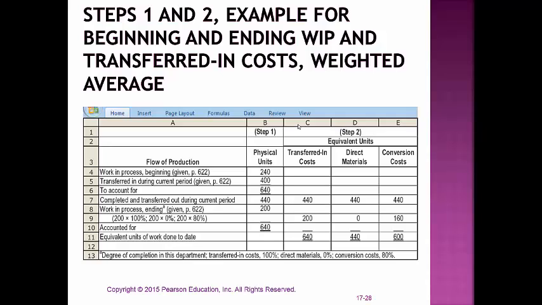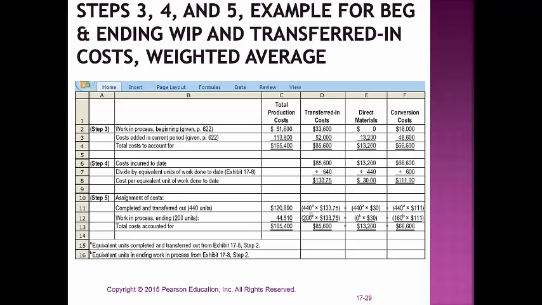So notice we've got work in process beginning, we've got transferred in during the current period, and then we would have to divvy up a third column for our transferred in cost, also calculating their share into equivalent units. And you guys can basically look at this one the same exact way as you've seen the other in regards to how those columns get multiplied times a percentage and placed where they need to go.